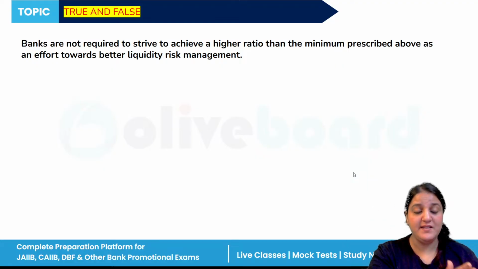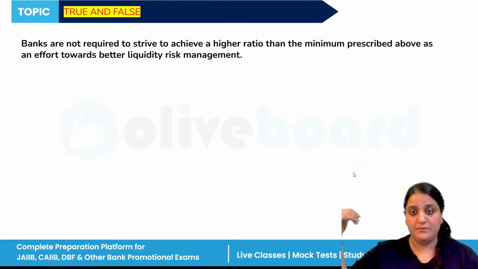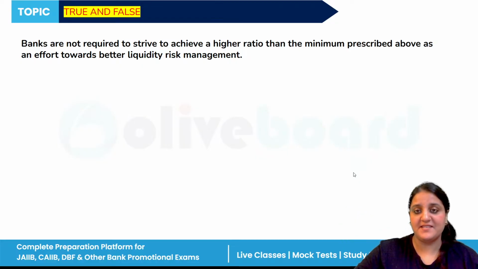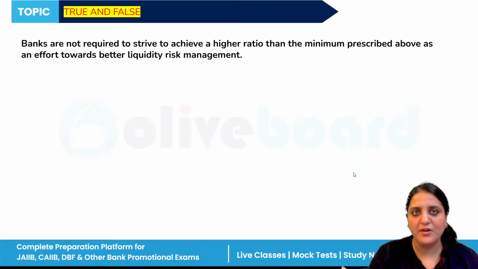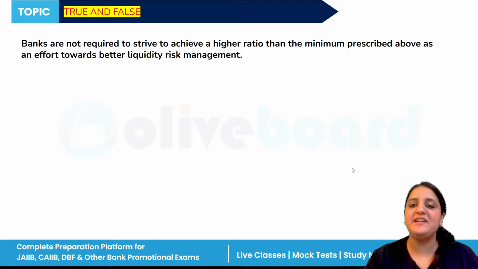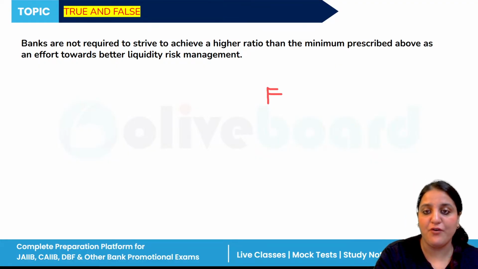If the minimum LCR is prescribed, but banks are maintaining a high ratio, that is not a big problem. If the minimum LCR is 100%, bank can maintain 120%. So this statement is completely false.